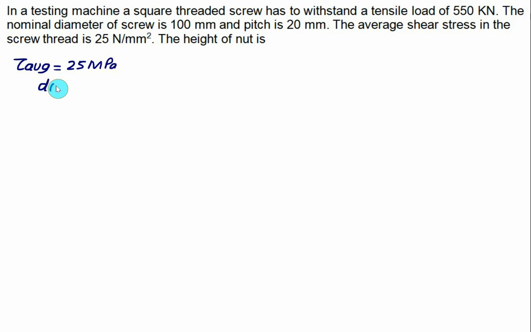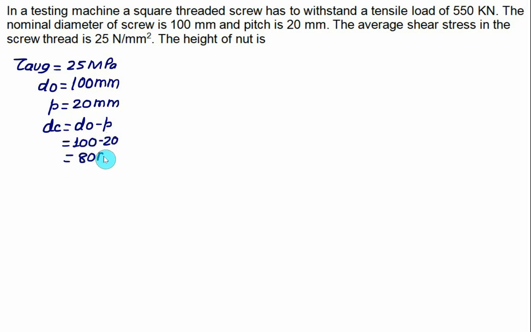Nominal diameter D0 is same as equal to 100 mm. Pitch is given equal to 20 mm. Therefore, we have core diameter, that is DC equal to D0 minus pitch, which is equal to 100 minus 20 is equal to 80 mm.